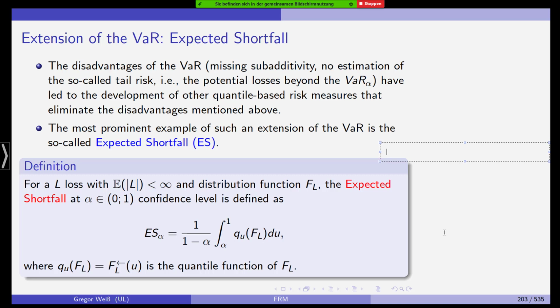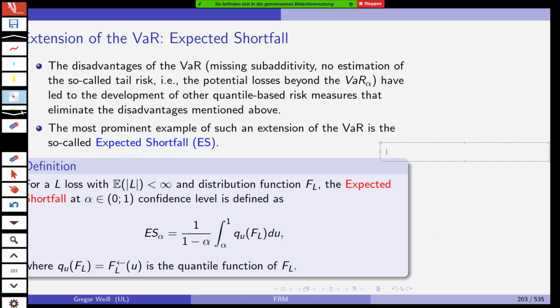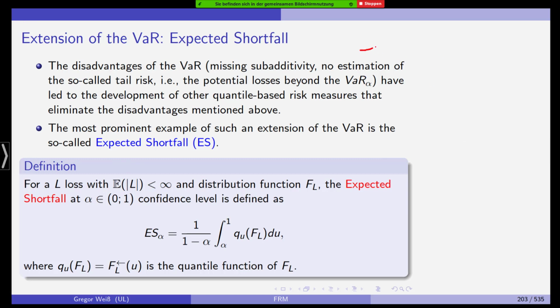Remember that for a discrete function, the expected value is x_i times the probability of x_i, and you would sum this all up, and then, well, that's the expected value.